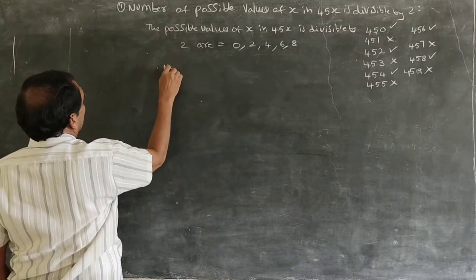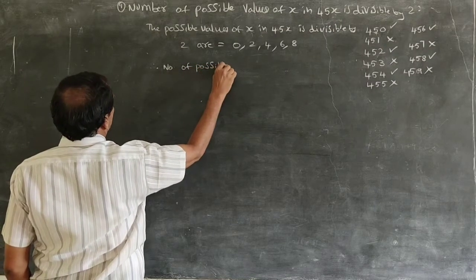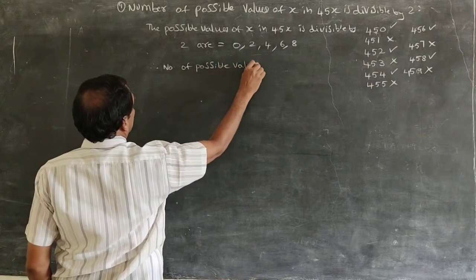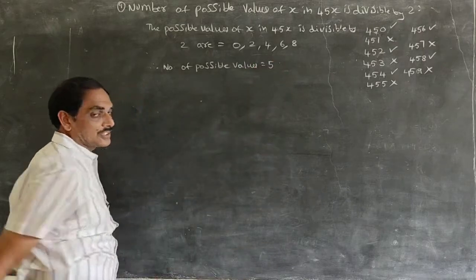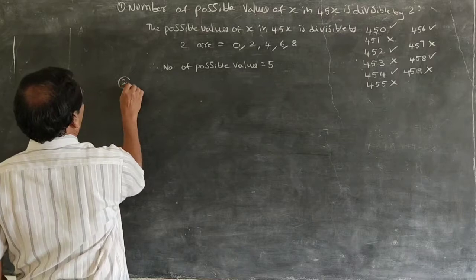Therefore, number of possible values is equal to 5. This is the first problem. Next, we go to second problem.